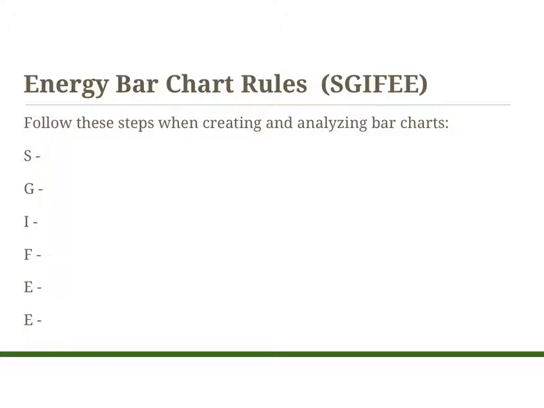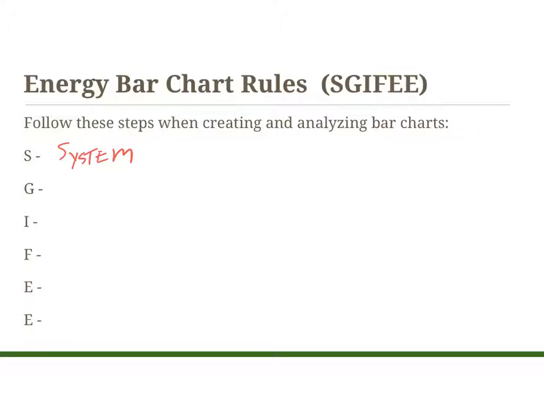So the energy bar chart rules, I made this acronym SCIFI, something like that. I don't know. Just trying to help out with remembering things. And the steps that you use when you're creating energy bar charts starts with S. You have to identify your system.